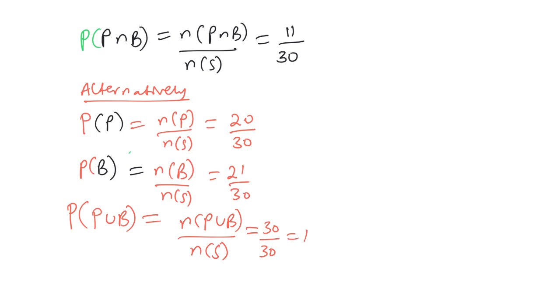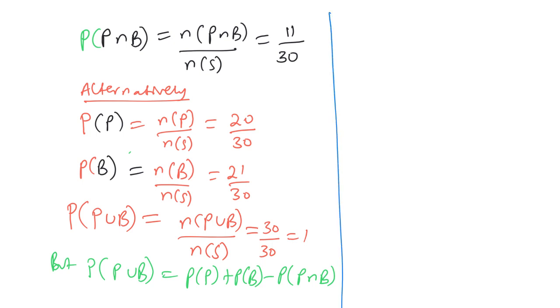So we can say that the probability of physics union biology is the probability of physics plus probability of biology minus the probability of physics intersection biology. Remember, our point of interest is to get probability of physics intersection biology.